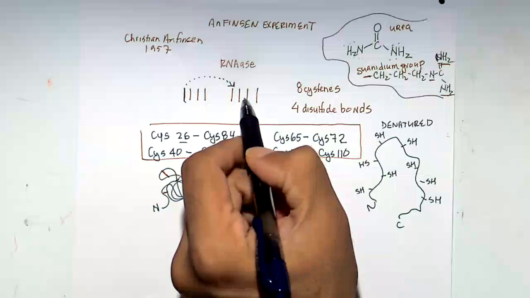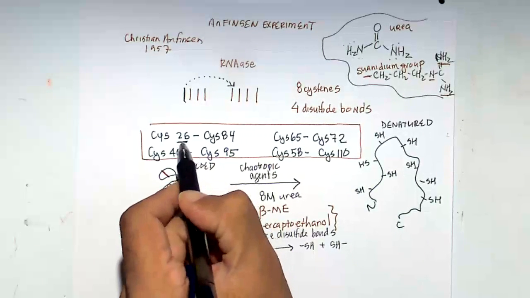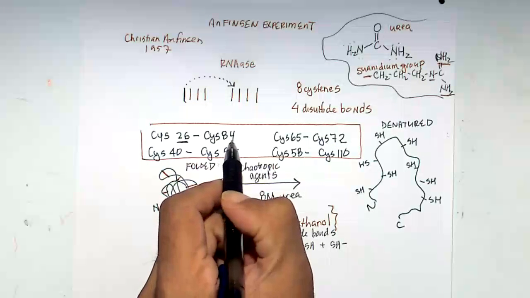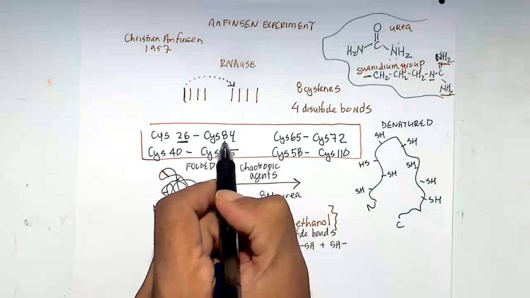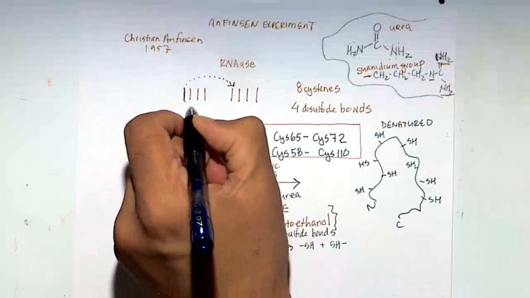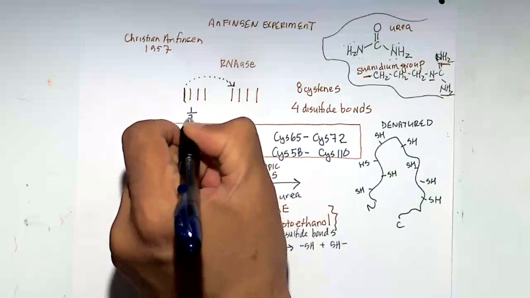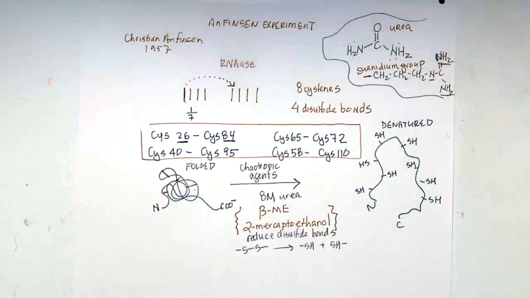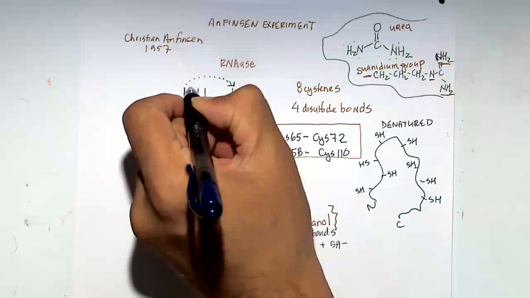Out of these 7, one of them will be the correct partner. So the probability for the first correct disulfide bond to occur will be 1/7.